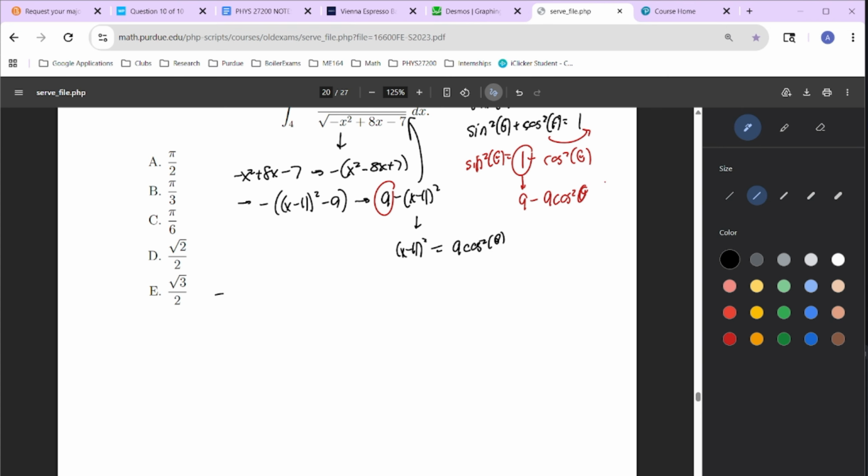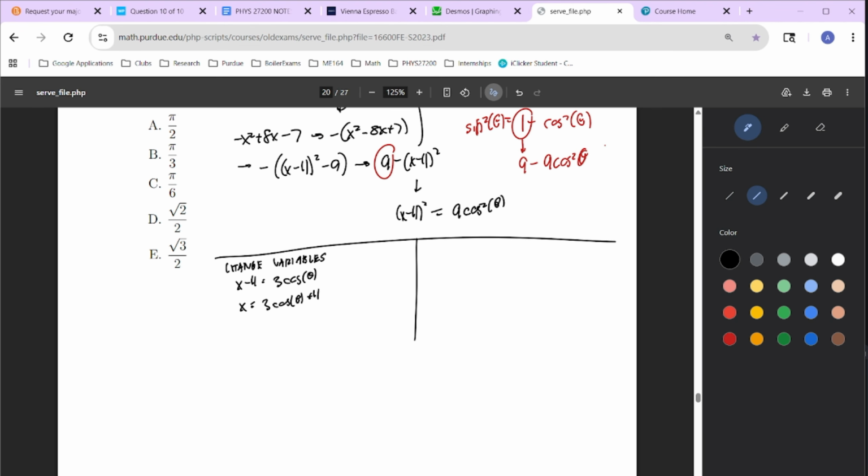So we're going to split everything up into two processes here. The first is we need to change variables. To do that, we obviously need to figure out how to represent x in terms of theta. That's pretty simple though. You take the square root of both sides. That becomes x minus 4 is equal to 3 cosine of theta. x is equal to 3 cosine of theta plus 4.